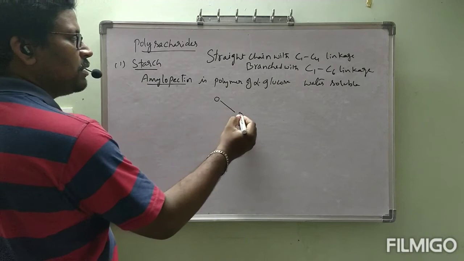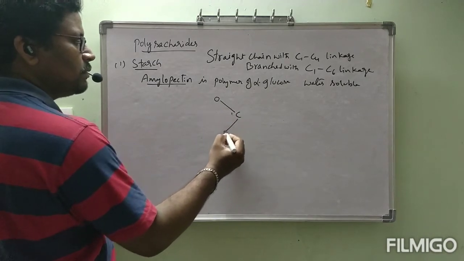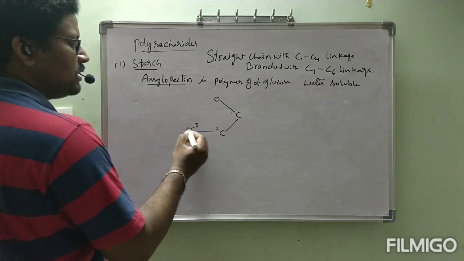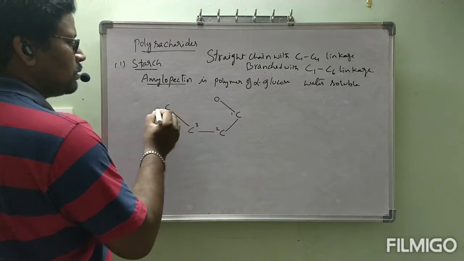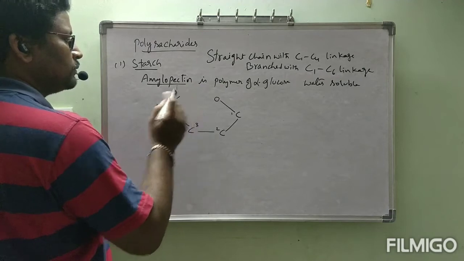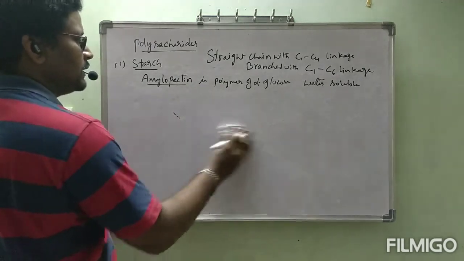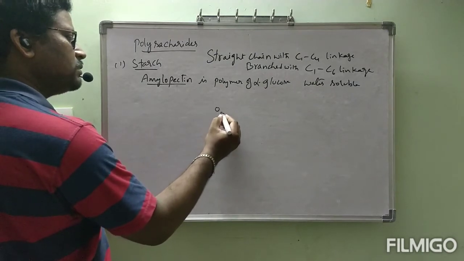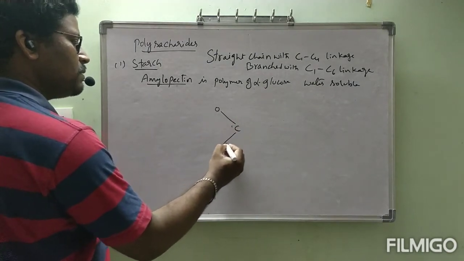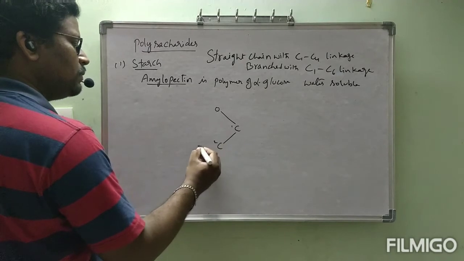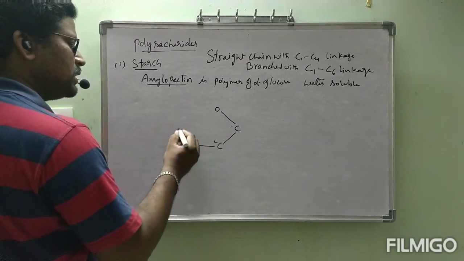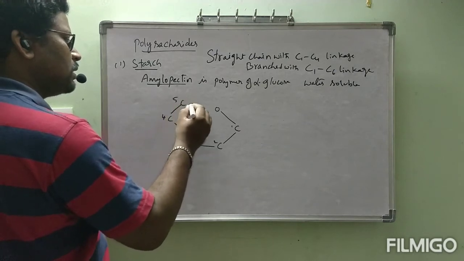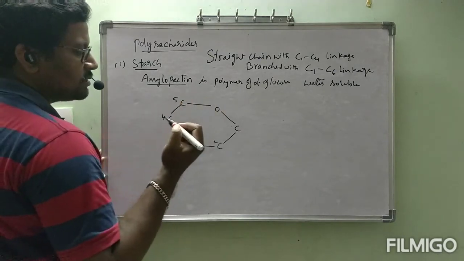Oxygen, right side C1, C2, C3, C4, C5 bonds with oxygen.